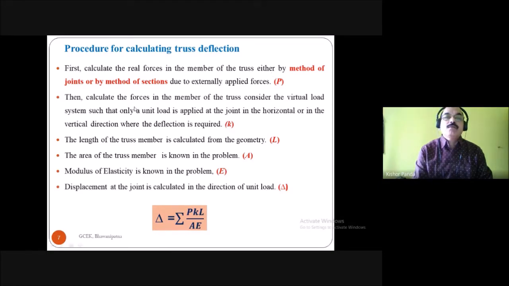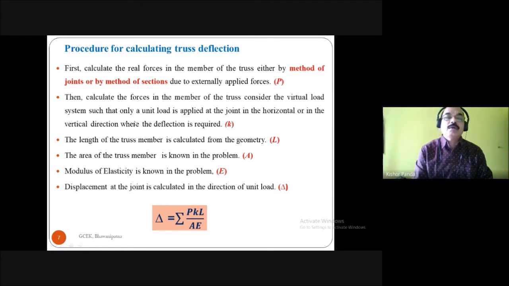Then calculate the forces in the members of the truss by considering the virtual load system, so that only a unit load is applied at the joint in the horizontal or vertical direction where the deflection is required. For a horizontal deflection, you have to take the horizontal unit load, and for a vertical deflection, you have to take the vertical unit load.